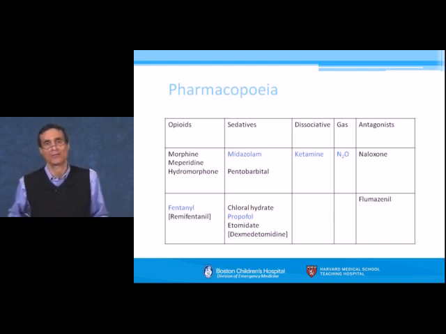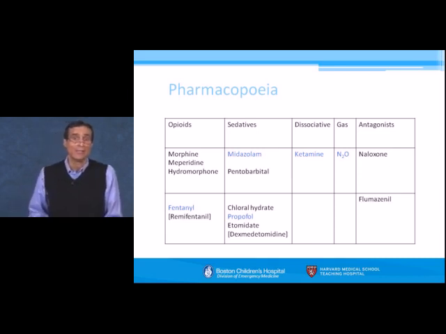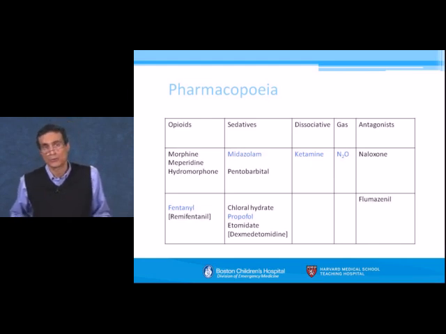It's given as a loading dose over about 10 minutes and then an infusion. So it's really most effective for MRI. And both Propofol as an infusion and dexmedetomidine as an infusion are really becoming the drugs of choice for magnetic resonance imaging.